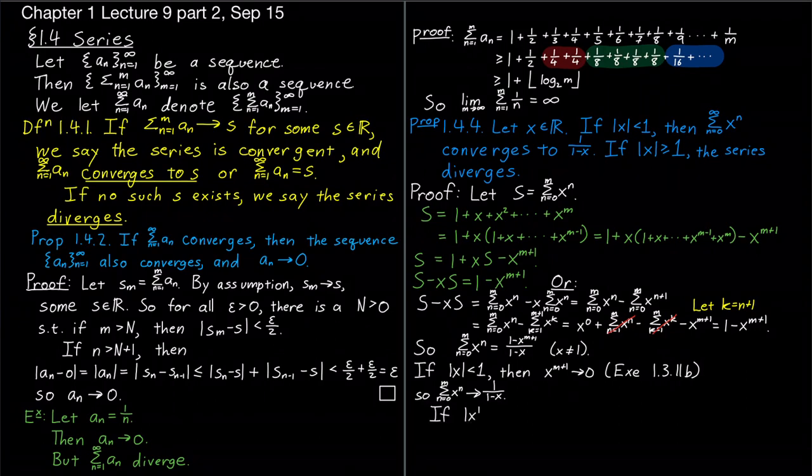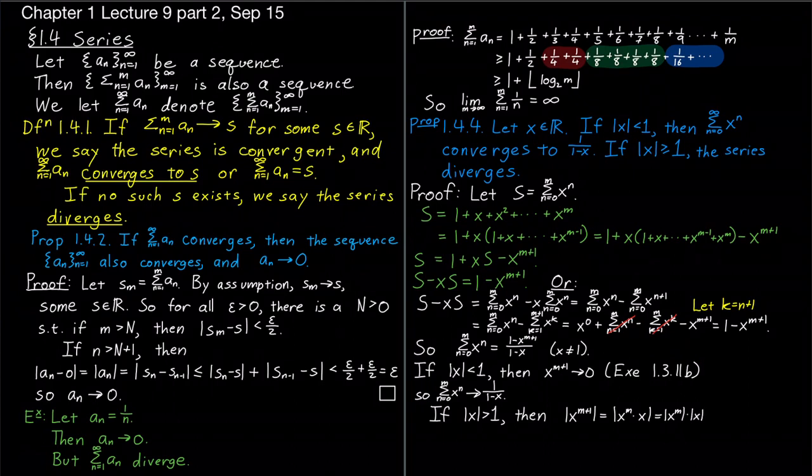If the absolute value of x is greater than 1, then the absolute value of x to the m plus 1 is the absolute value of x to the m times x, which is the absolute value of x to the m times the absolute value of x.